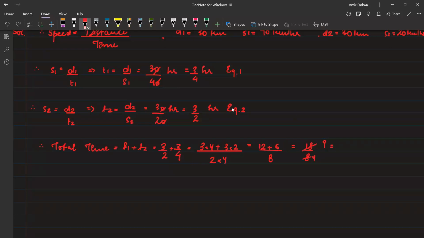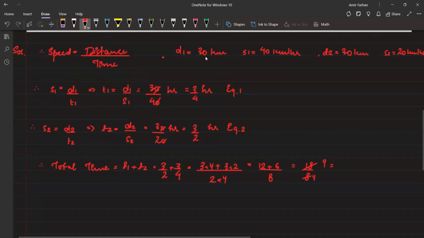Yes, 2.25, but I'm not going to convert it into decimal, because I can see that the distances D1 and D2 are multiples of 6 or 3, so I can easily cancel it out. So 9 by 4.